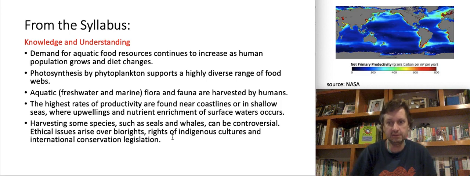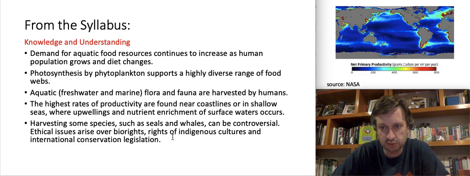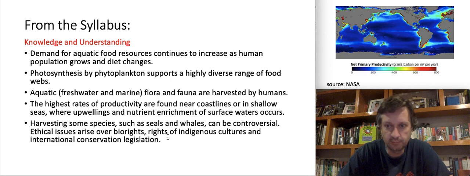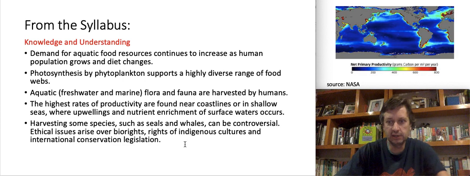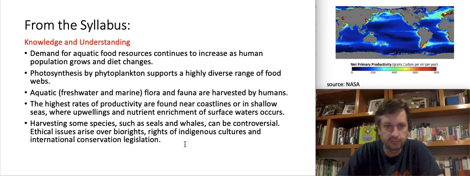And then finally, very briefly, just an idea of how some harvesting of aquatic resources has resulted in controversy, specifically whaling and the UN moratorium on whaling that was introduced in 1986.